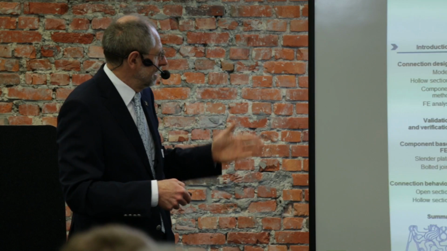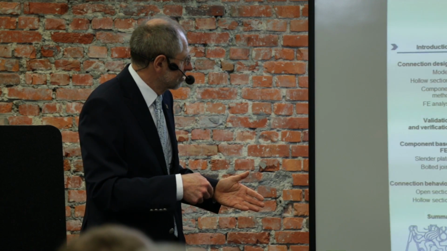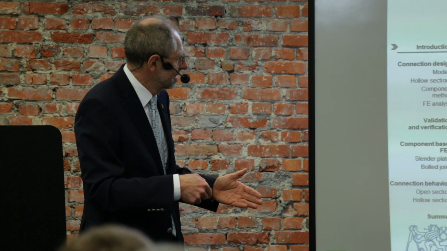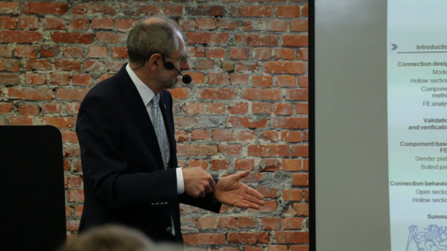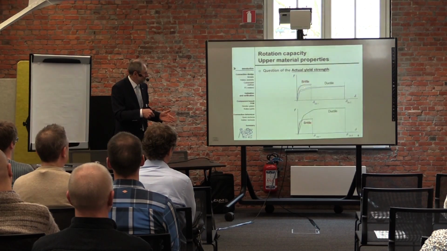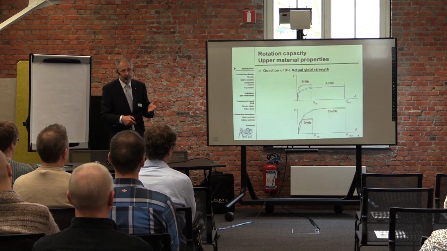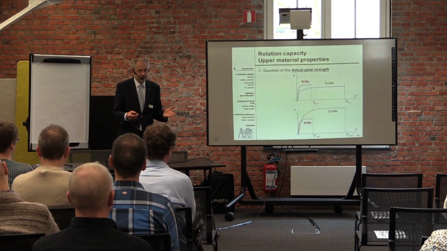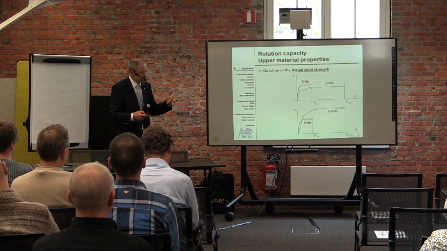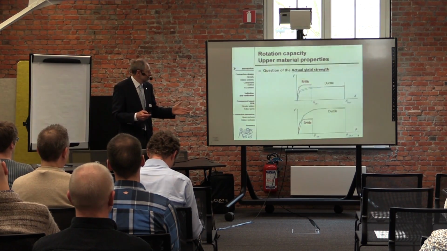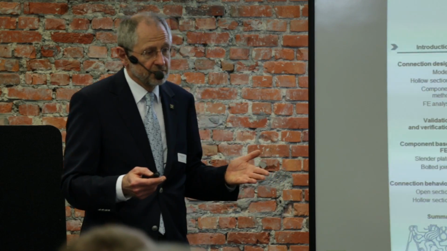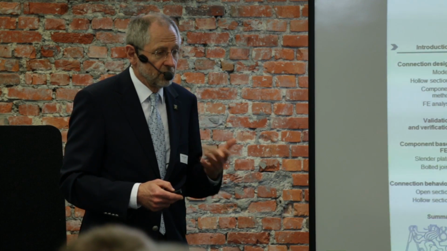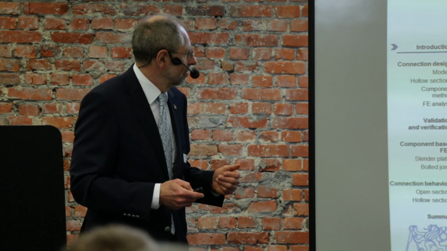So it may happen that if I have a brittle part of the connection and a ductile component, and due to these material upper values it changes, then I may have a brittle connection. It's like the ductile part is the plate in bending, the brittle part is the bolt, so it may easily change to bolt fracture, and so this is all the time.